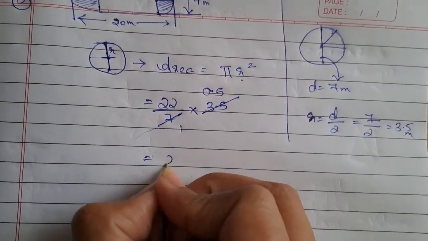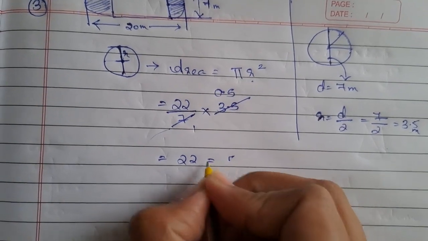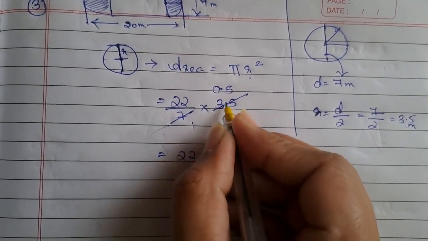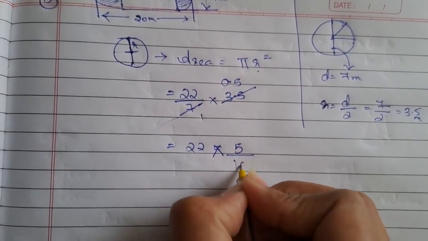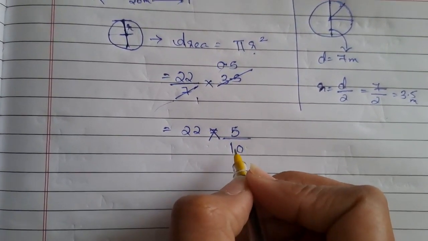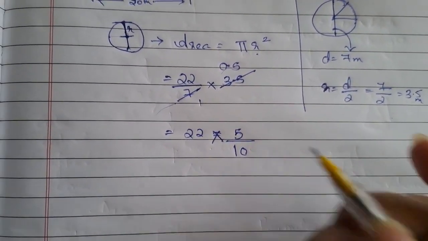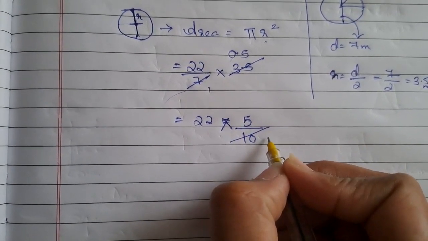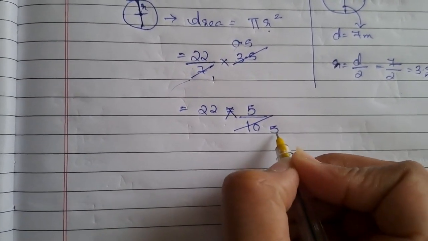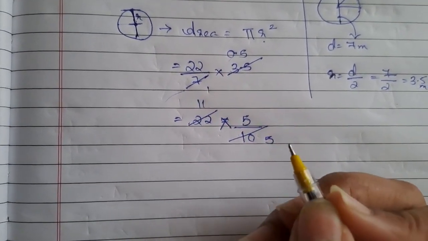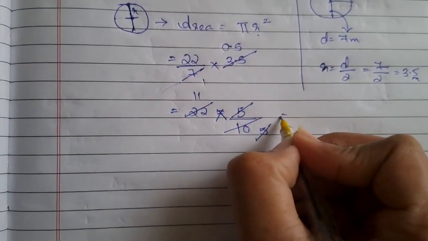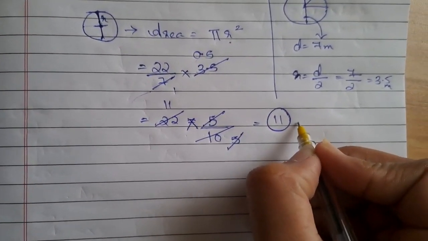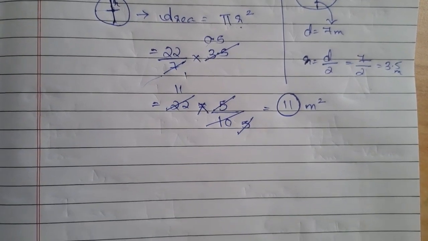I write the 5, removing the decimal, so that becomes 5 upon 10. 10 goes 2 times, 2 fives are 10, and 2 elevens. So what am I left with? I am left with just 11. 11 meters square is the area of the circular part.